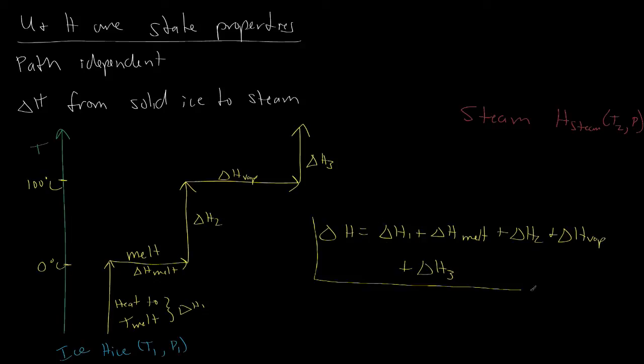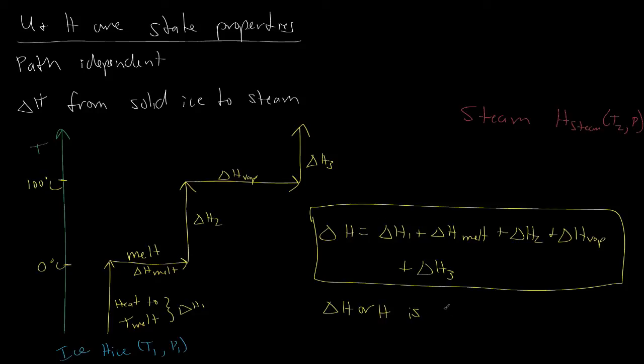This is a very useful technique that we can use to break up a large problem into smaller and easier to calculate steps. And this is only possible because delta H, or H, is a state property.